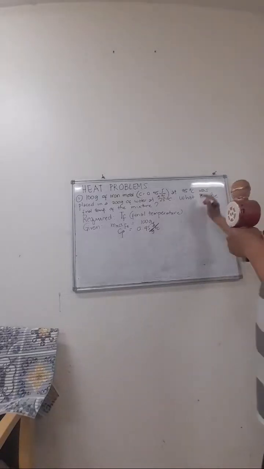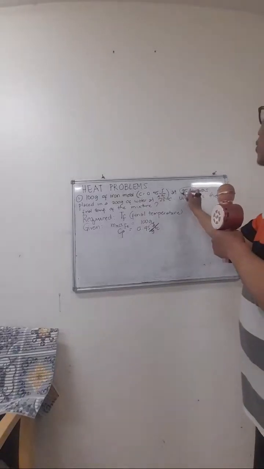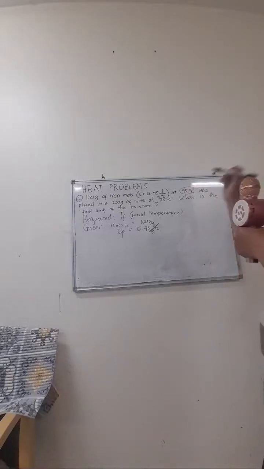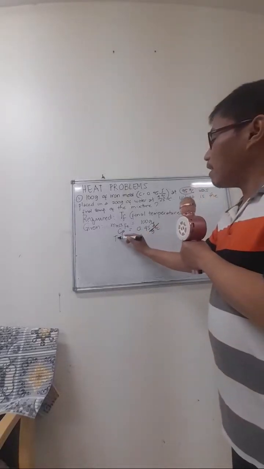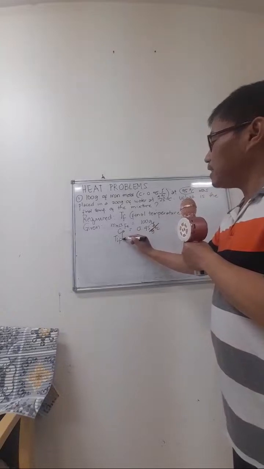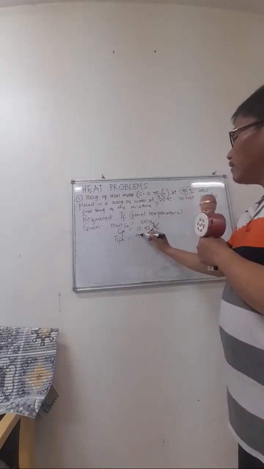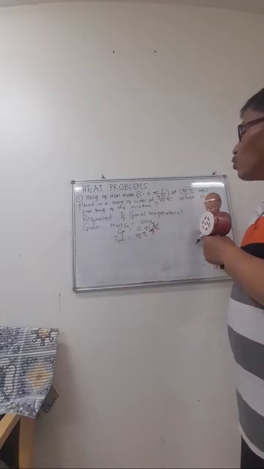Now, we have here 95 degrees Celsius, the initial temperature of your iron, so TI of Fe is 95 degrees Celsius. You don't have to convert the degree Celsius into another unit of temperature because it's compatible with the unit of your specific heat capacity, and it's easy to cancel out somewhere along the way of your calculation.